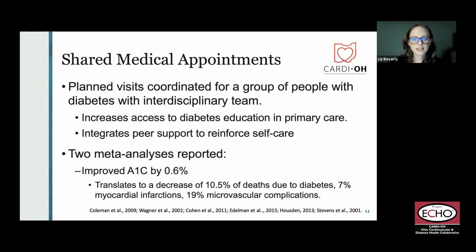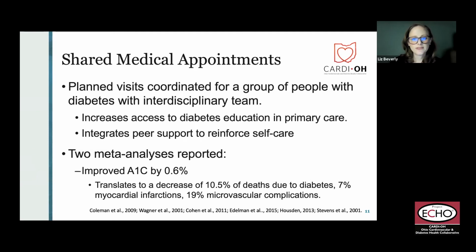There's a lot of research that documents the benefit of peer support when it comes to reinforcing self-care behaviors. There have been 2 meta-analyses published about shared medical appointments, specifically for people with diabetes. Both of them have shown improvements in A1C of 0.6%. Generally, to make a clinically meaningful difference, you want to see about 0.5%.